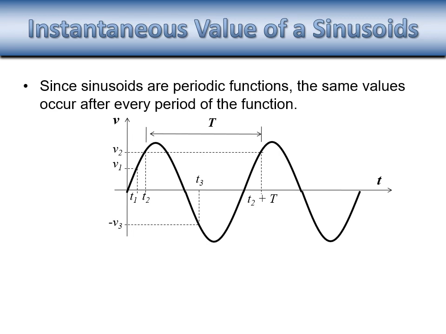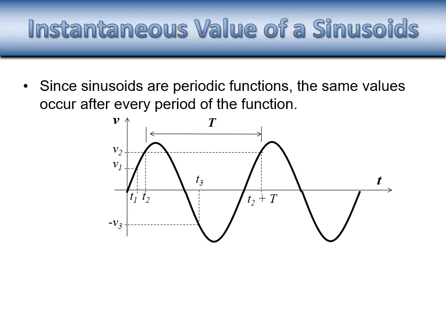Now, since these sinusoids are periodic functions, they keep repeating themselves, so an instantaneous value exists at some other time. What do we mean by this?